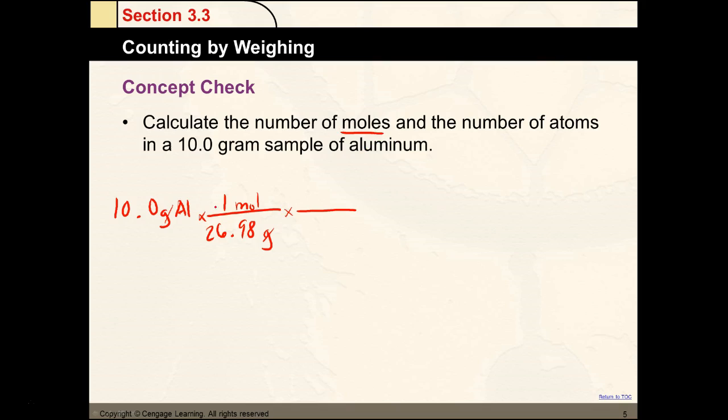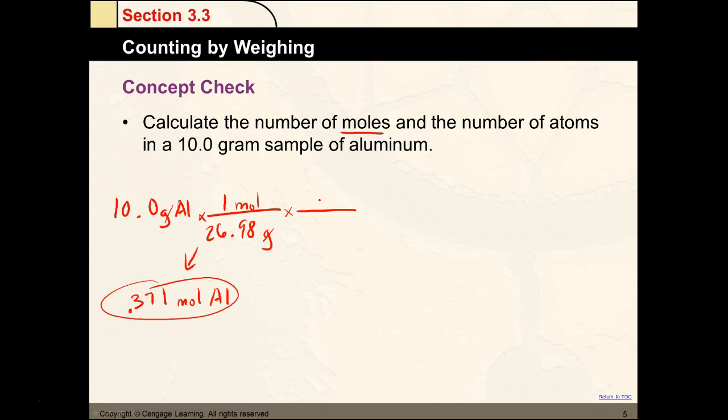So if you want, at this point, you can plug this into your calculator. You would get an answer of 0.371. So our answer would be 0.371 moles of aluminum at this point. So this does answer our first part of the question, calculate the number of moles, right? So here we go, this is our first answer.